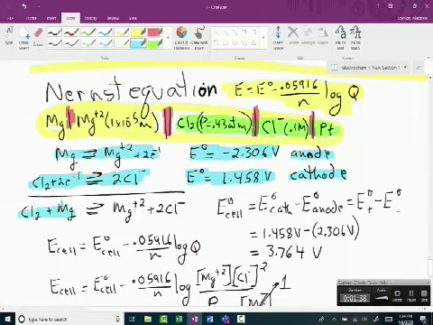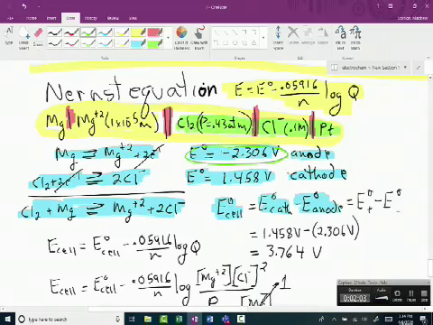And here's my balanced reaction with the electrons gone because they canceled when I added them. And that's one thing you won't have to worry about in the other method. My E naught of the cell is E naught of the cathode minus E naught of the anode. Remember, up here, this E naught is a reduction potential.